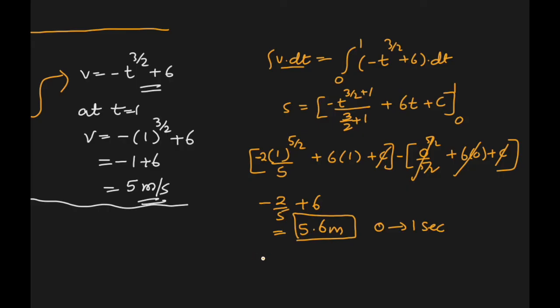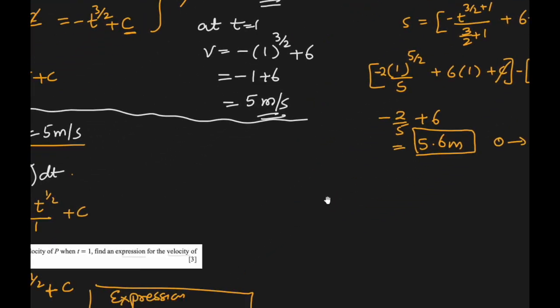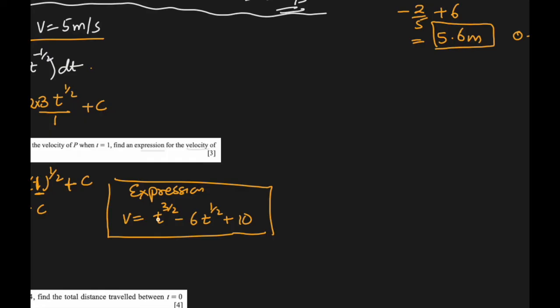Now, from 1 to 4, we have a different equation, which was this one. And this is what we are going to use for 1 to 4 seconds. The integral of t to the power 3 over 2 minus 6 t to the power half plus 10 dt will be the s from 1 to 4.